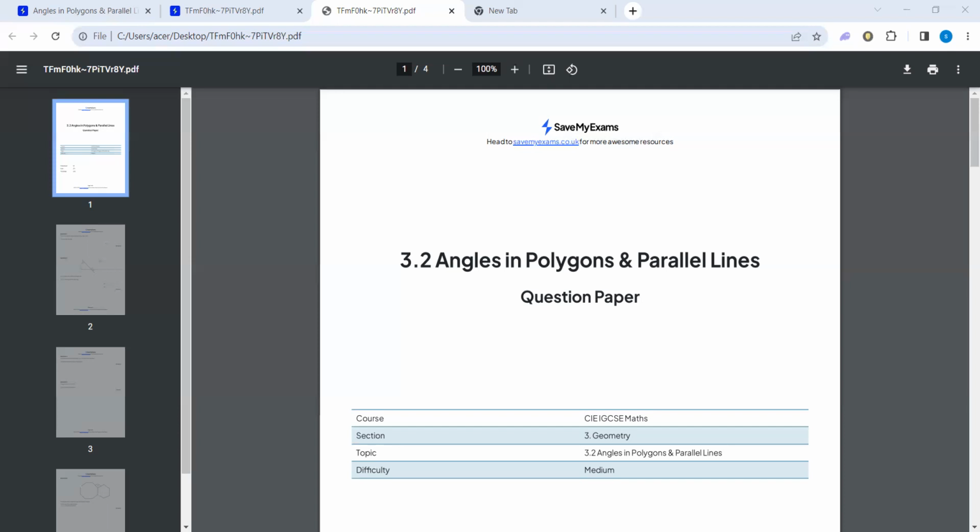It's interior angle plus exterior angle equals 180 degrees. So this is the universal rule. It applies to everything. As long as you have an interior angle and an exterior angle, you get 180 degrees.